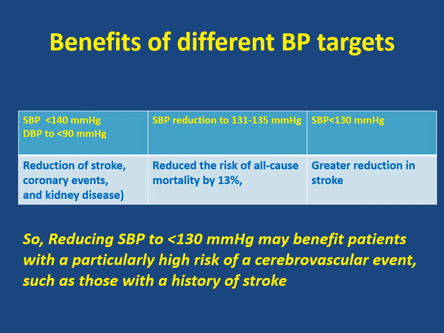While systolic blood pressure reduction from 131 to 135 will reduce the risk of all-cause mortality by 13%, reduction of the systolic blood pressure below 130 to 120 will be associated with greater reduction in stroke.